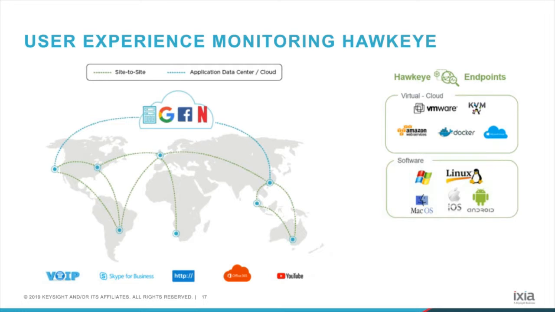We have virtual solution containers, and I think Joe in this presentation will explain how we deploy these endpoints. But for those sites that don't have an easy way to deploy either software or virtual endpoints, we have hardware options so that we can really cover any type of remote site with our endpoint deployment.